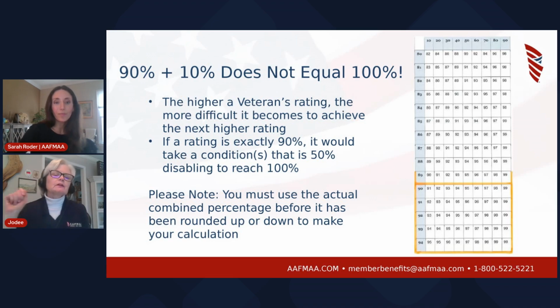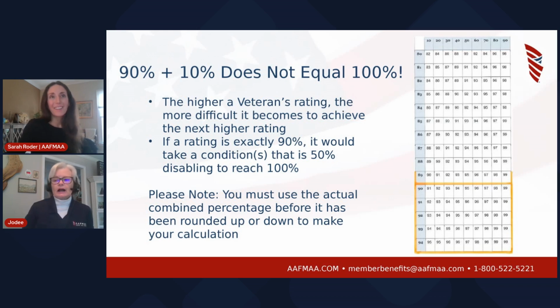So a lot of times I have veterans who say, I've got a 90% rating and I've got one more condition. If I could get 10% for that, maybe I can get a 100% rating. Nothing could be further from the truth. It's going to take a lot more if you've got a 90% rating to reach 100.